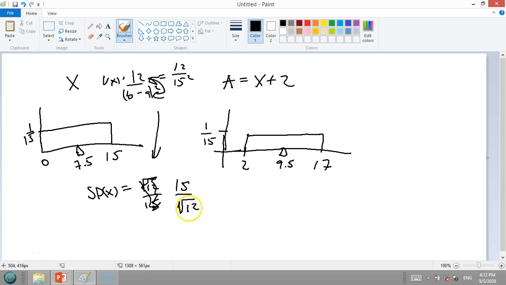So the square root of 12 is about 3.5. So 15 divided by 3.5 is around 4.